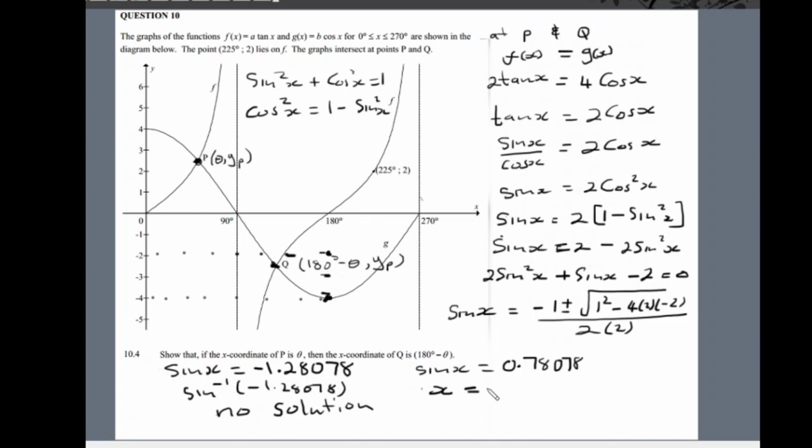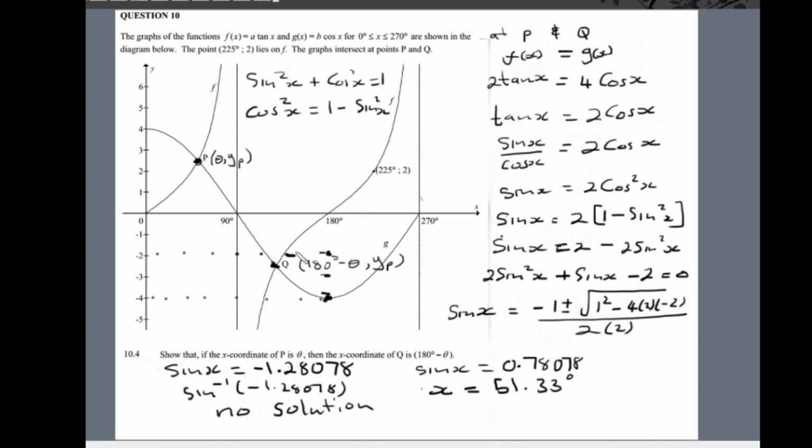So x will be the sine inverse of 0.78078. It will be 51.33 degrees, right? So that is the first solution.